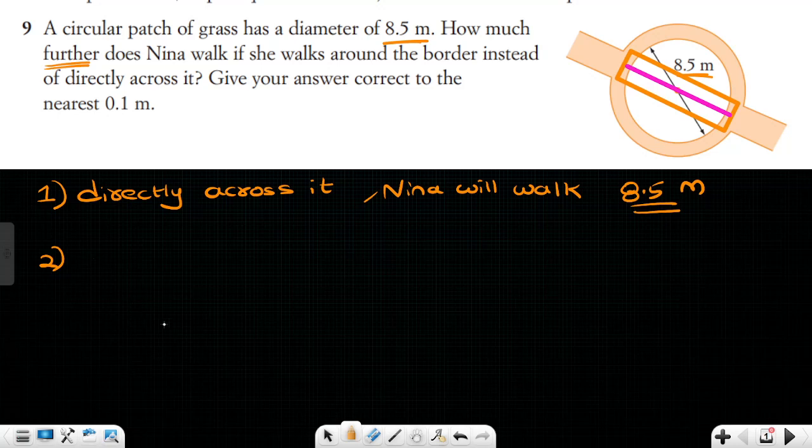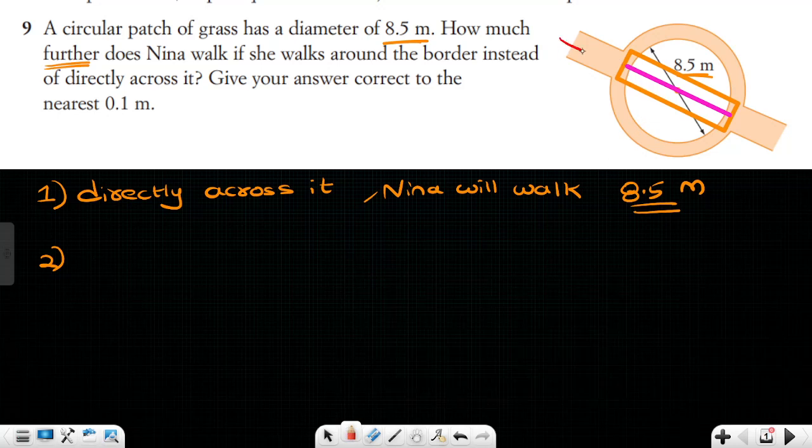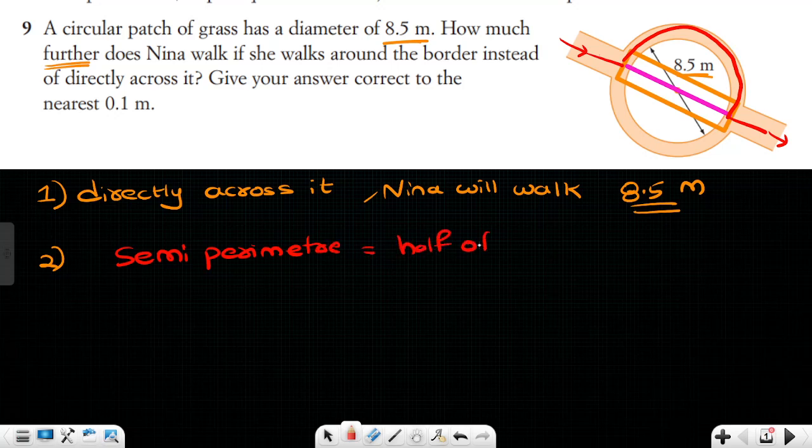See, if Nina has to walk around the border, let's say Nina is coming here and going out, she will be walking along this red color line to come like this, right? So Nina has to walk the semi perimeter, or half of the circumference.